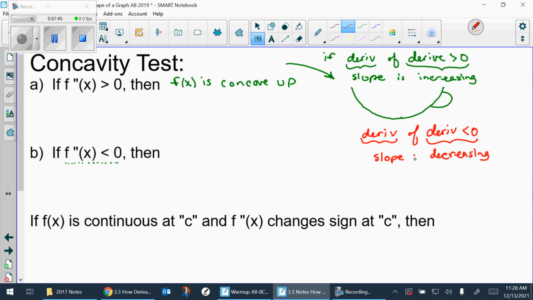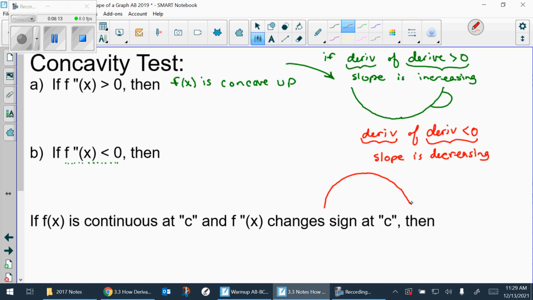And so the slope is decreasing. The slope is getting smaller and smaller and smaller. What does that look like? Well, let's start out with a big slope, and let's have it get smaller and smaller. And it eventually can become 0. And then it's going to become smaller, which means it's becoming negative and more and more negative.